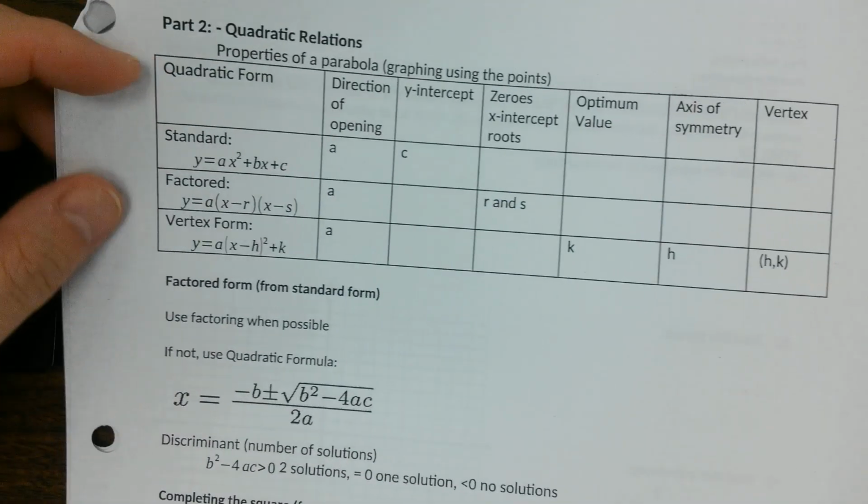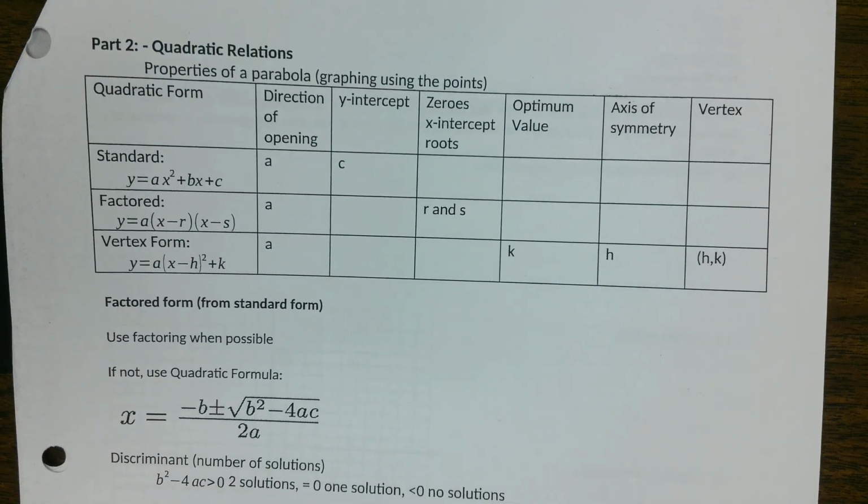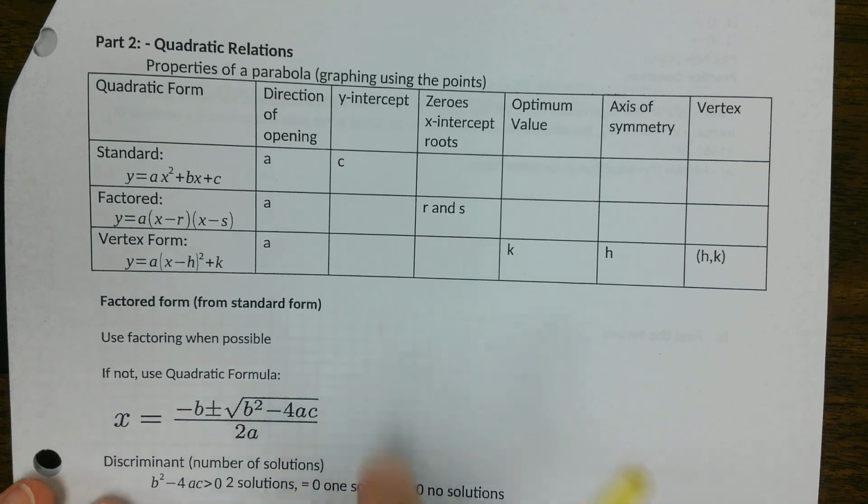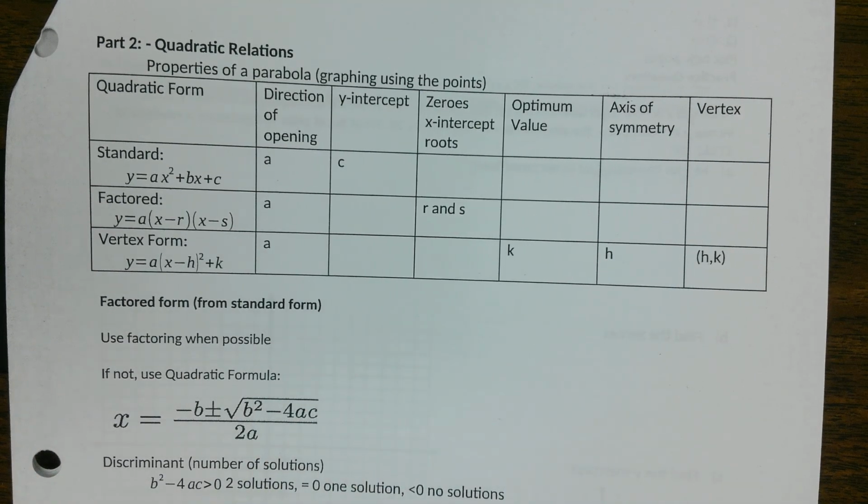And then this is quadratic relations. Now that we know how to do factoring and expanding, it ties into quadratic relations. You should be really good with these now because you've been working on your accommodating. You would know standard form, factor form, vertex form.